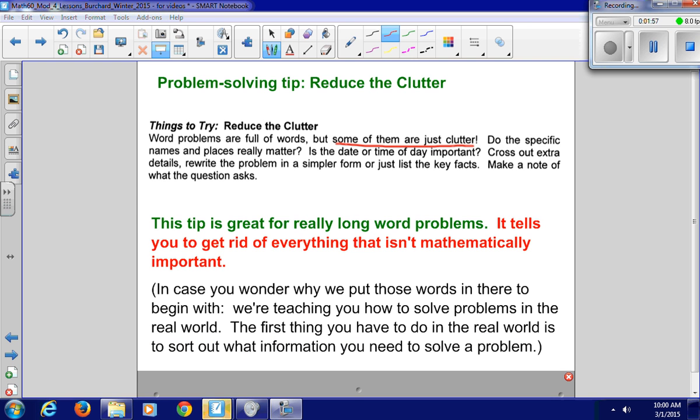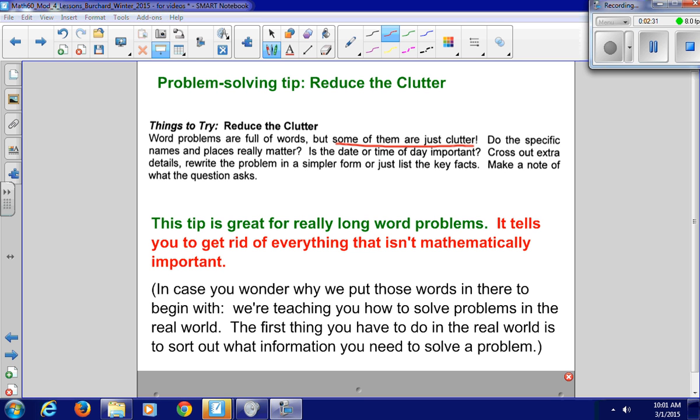And just in case you wonder, why do these math teachers put all these words in there to begin with? Well, because word problems are our way of, in class, solving problems that are more like what you might see in some application problem later on in life, if you're in business or economics or science and you're trying to use math to solve a problem. The world doesn't present you with a nice, neat little problem like 2x minus 4 equals 12.